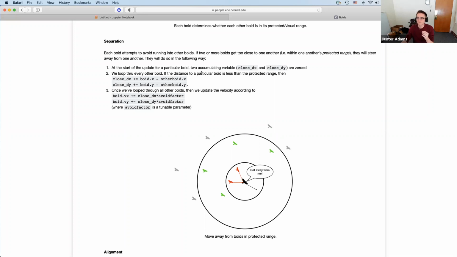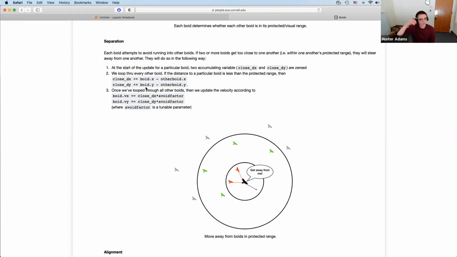So each Boid will look at every other Boid in the flock and determine whether that Boid is within its protected range. If it's not, it just goes to the next Boid and does nothing. If it is within its protected range, then it will increment each of these variables by the difference between its own x position and the x position of that other Boid, and its own y position and the y position of that other Boid.